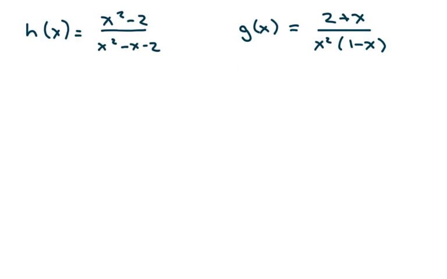Alright, the next one, we're going to go ahead and take the limits. If you factor this, it is going to be x minus 2 times x plus 1. So we take the limit as x approaches 2 from the right of h of x, and that equals infinity.